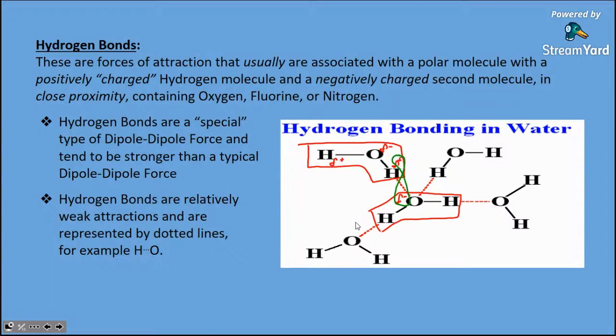Okay? I could just as easily throw, say, hydrogen fluoride in here. Okay, hydrogen fluoride, that fluoride, the electronegativity difference would give it a negative. And even on this, what I would see is a hydrogen bond between the hydrogen of one of those water molecules and the fluorine of that hydrofluoric acid.